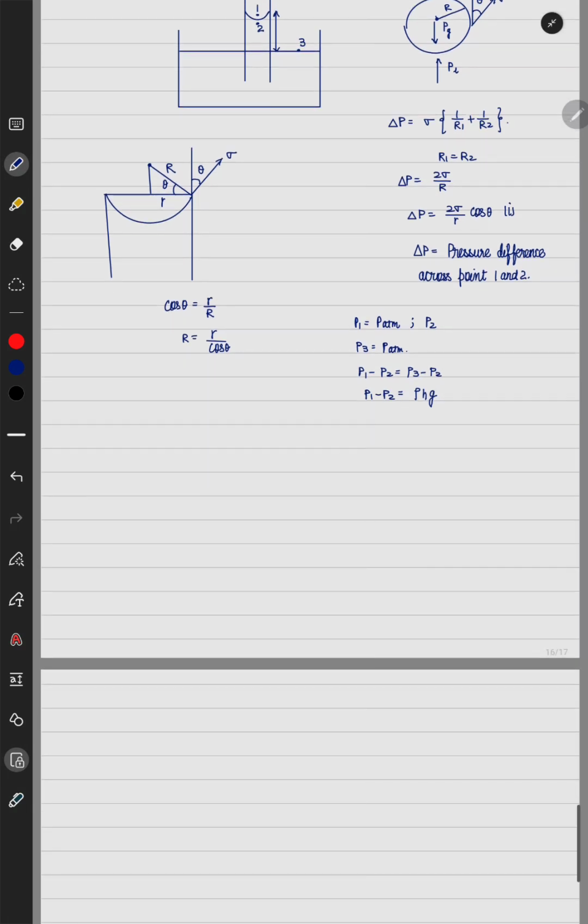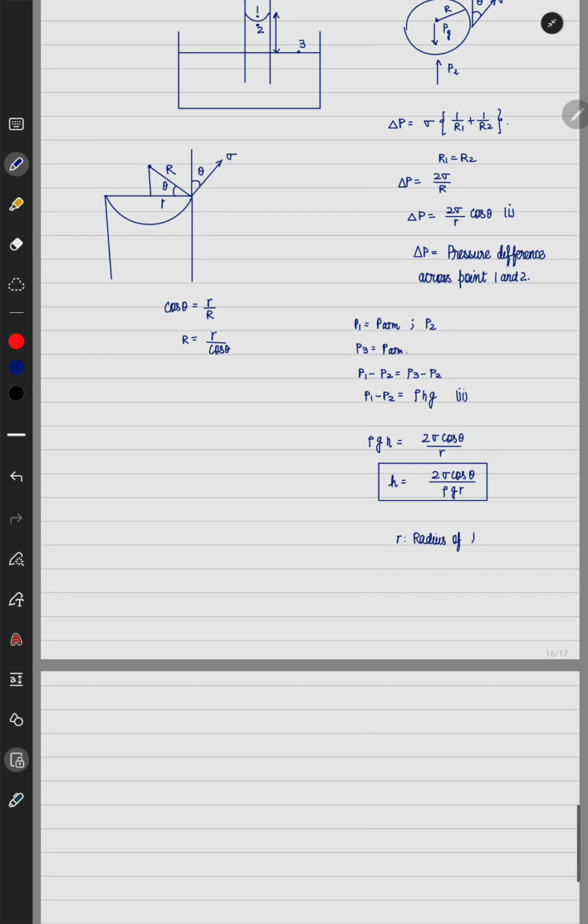Replacing delta P, I can write rho gh is equal to 2 sigma cos theta divided by r, and h comes out to be equal to 2 sigma cos theta divided by rho gr. The point to be noticed here is that r is the radius of the pipe or capillary tube.